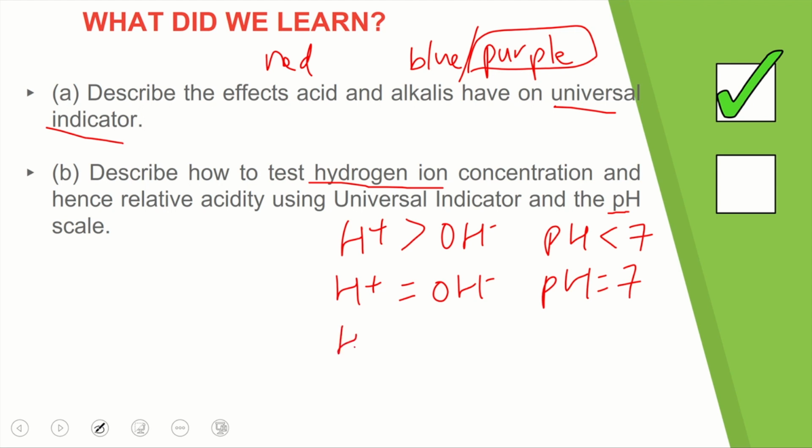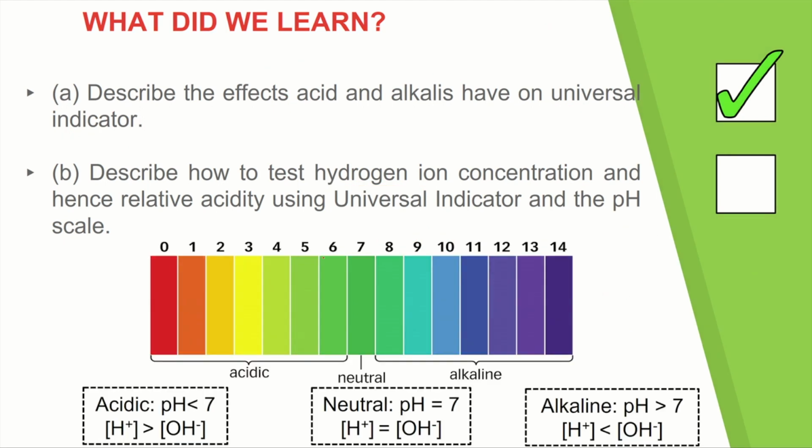If we have H plus below OH minus, that means I have a lot more OH minus, an alkaline solution, and pH will be above 7. So this is the scale. You can see the different pH and different colors for the universal indicator, and what they mean. If you understand this, put a tick in your notes.